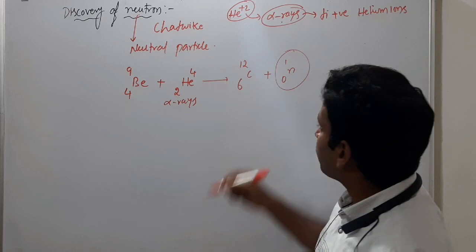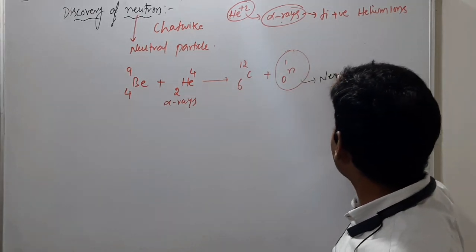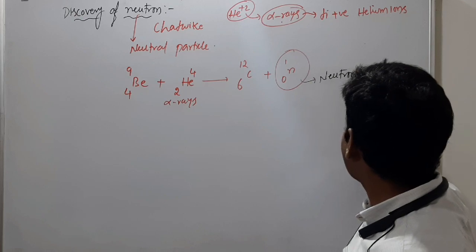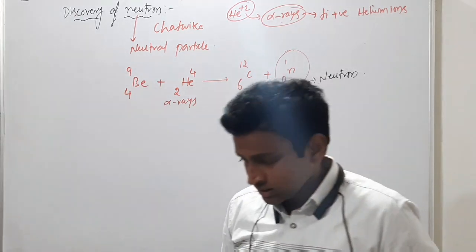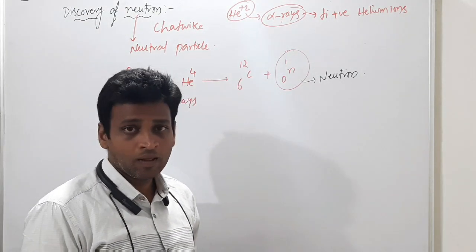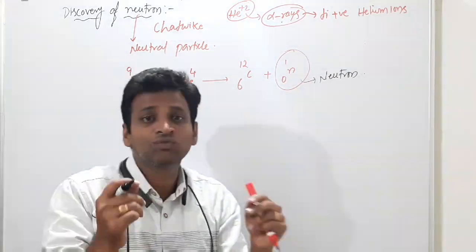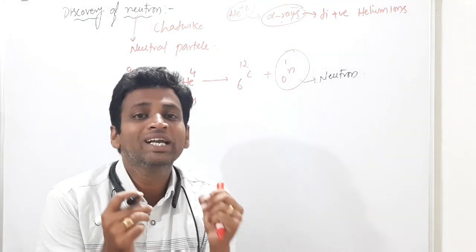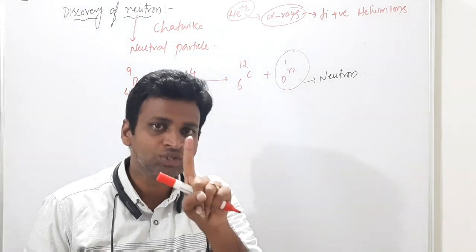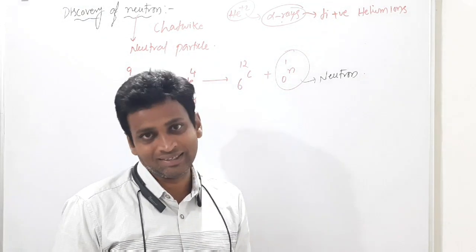This 0 and 1 representation is called what? Neutron. Sir, how do you know? Is it visible? No. From the mass of carbon he came to know that something with unit mass, mass 1, was ejected.